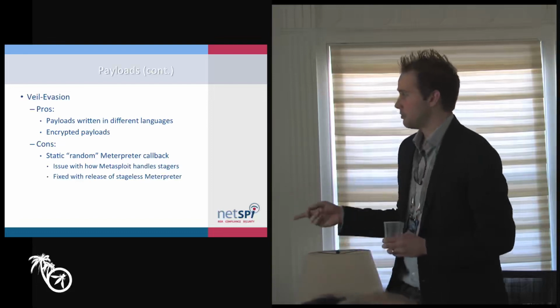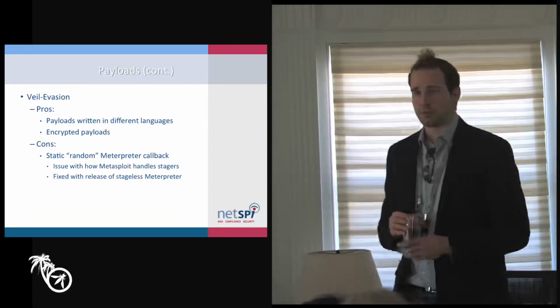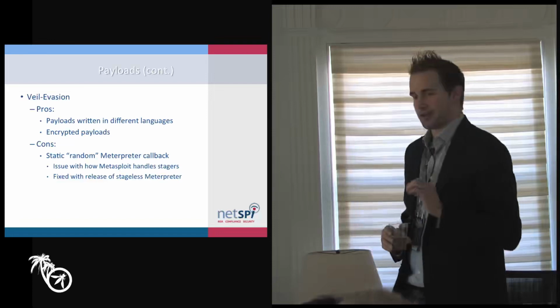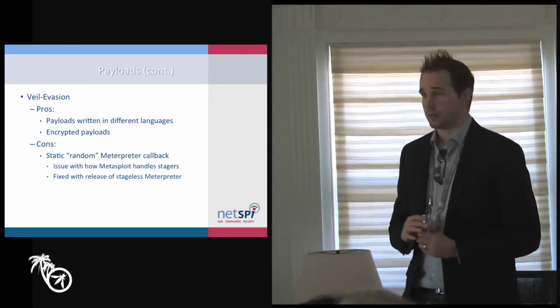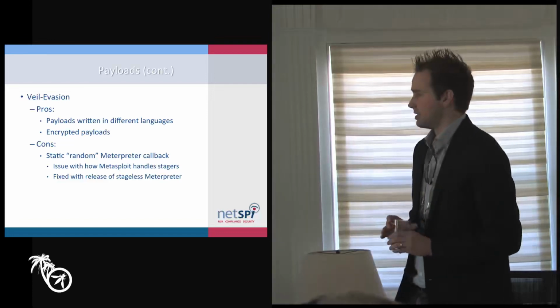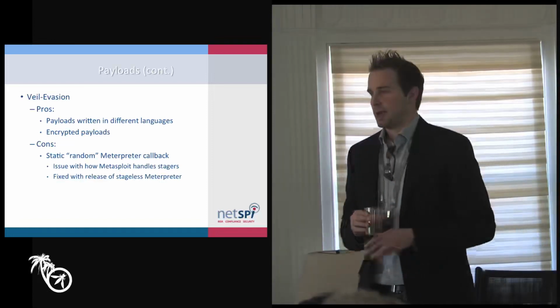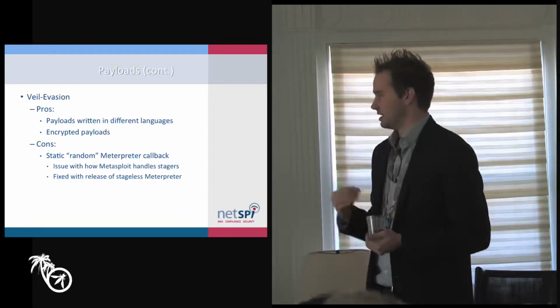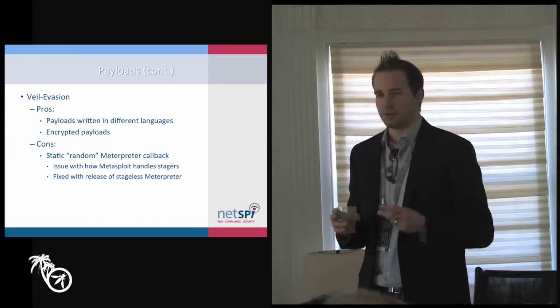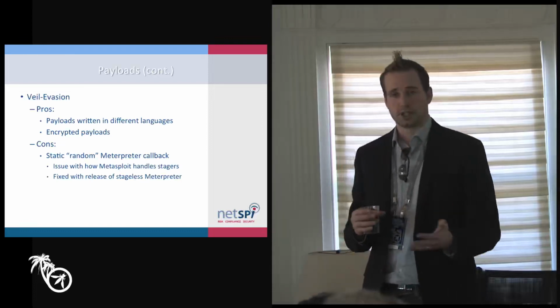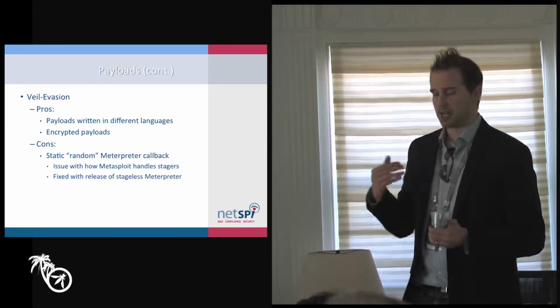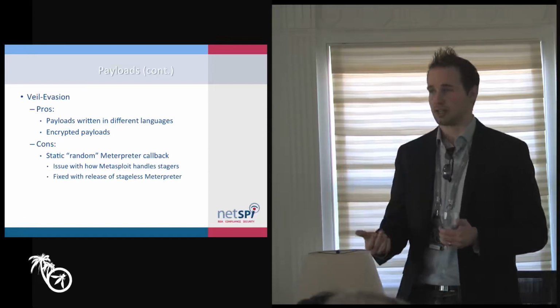The con with this, when I was originally performing this, was that there was a static random callback for my shells, and that had to do with Metasploit and how it handles the actual stagers itself. Every time an interpreter shell would come back, it's supposed to dynamically generate a new unique identifier.